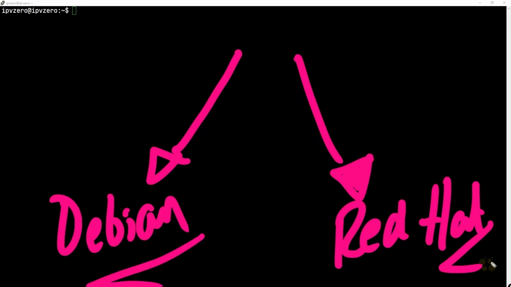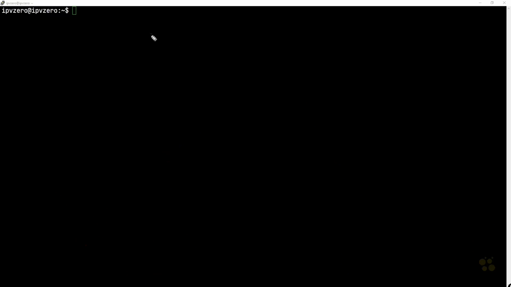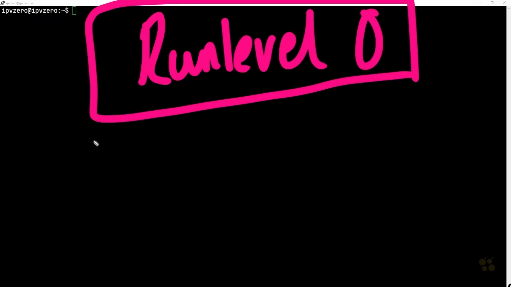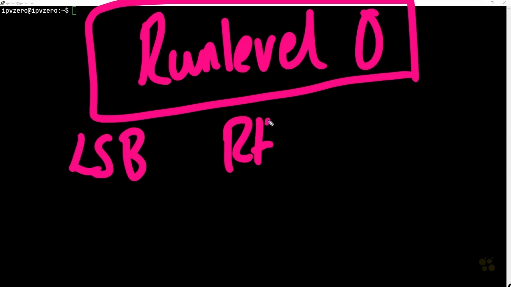Let's actually talk about the run levels with respect to each different set. So the very first run level we want to talk about is run level 0. Now within the Linux standard base, as well as the Red Hat set and the Debian set, the definition of run level 0 is exactly the same across all three.